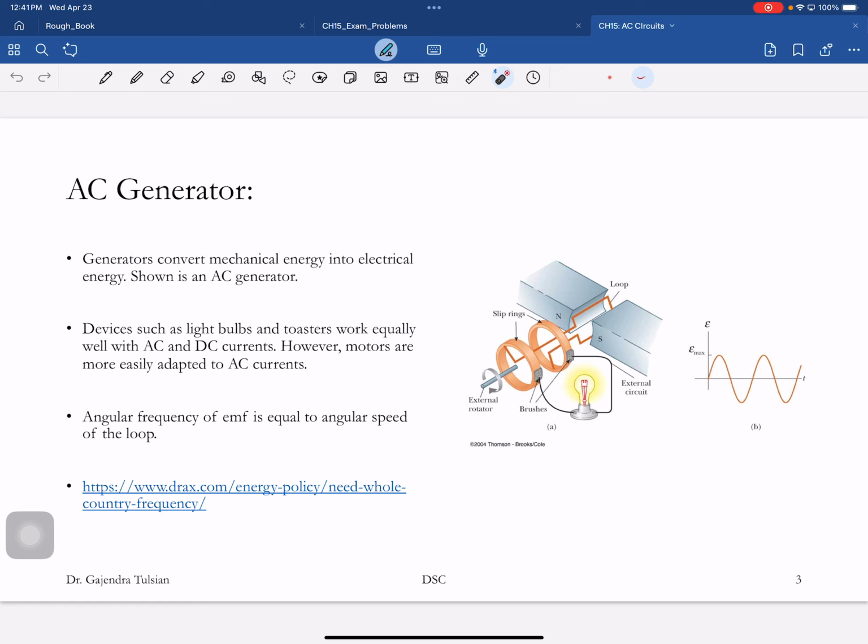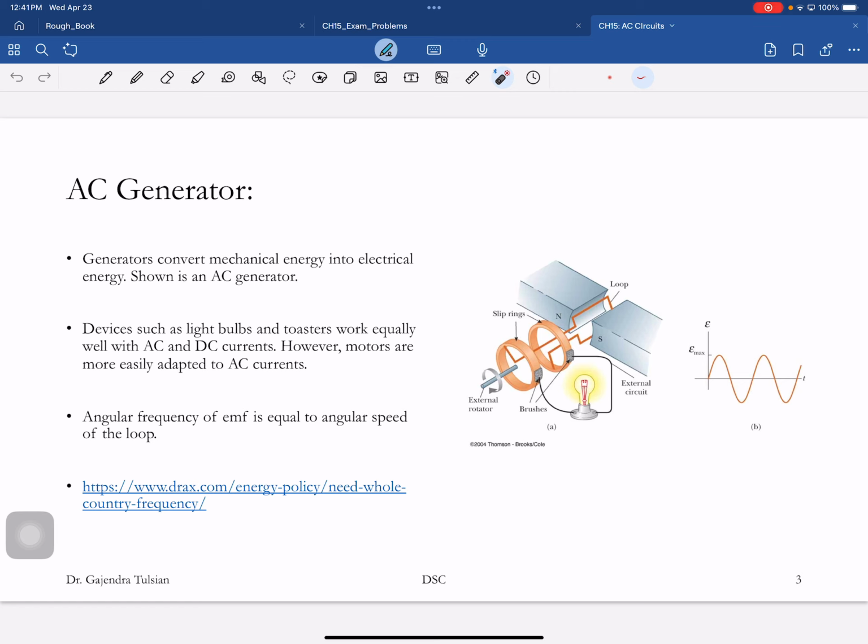That's why we convert all kinds of energies to electrical energy. You can't bring a flowing river to your house, and there are only certain locations that are good for hydropower. You convert that to electricity and then bring it into your homes.